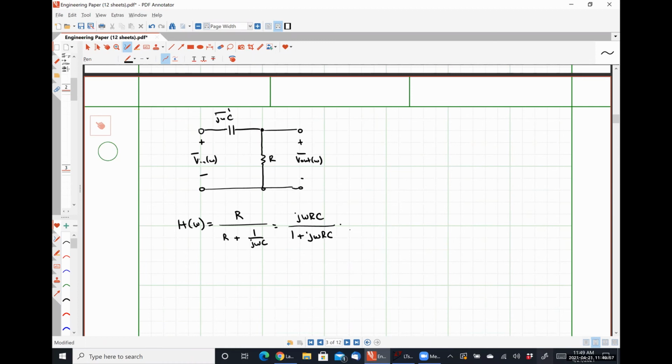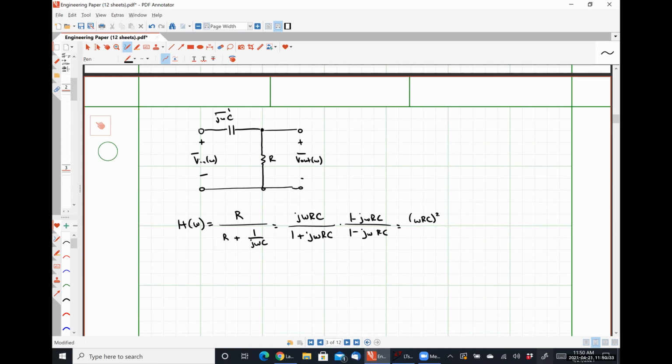Now I'll multiply it by 1 minus j omega RC over 1 minus j omega RC, which is going to give me, let's see, omega RC quantity squared, because when I do j times negative j, the square root of negative 1 times the square root of negative 1 is negative 1, and then that is multiplied by another negative.